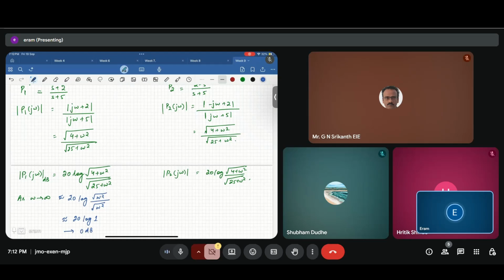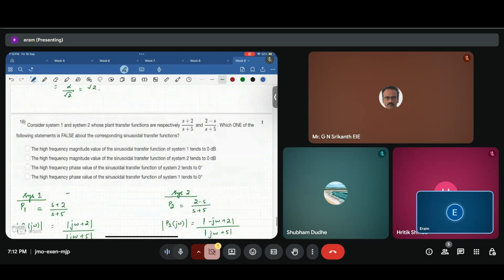And what about this one? These are essentially the same because we have the same numerator and same denominator. So as omega tends to infinity, for this case also the magnitude in dB will tend to 0 dB. Okay, so the first option was the high frequency magnitude of system 1 tends to 0 dB.